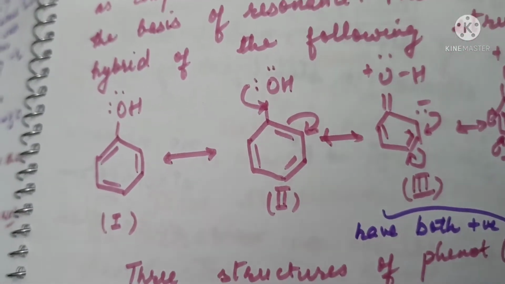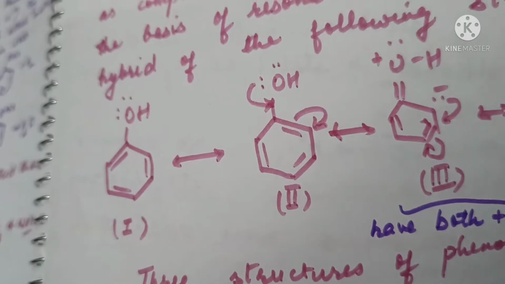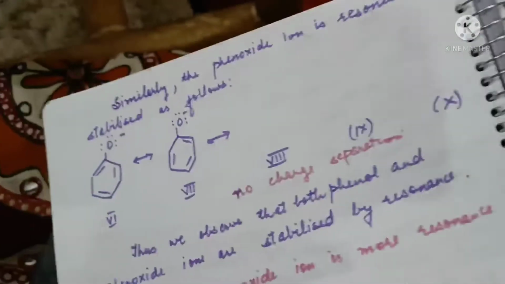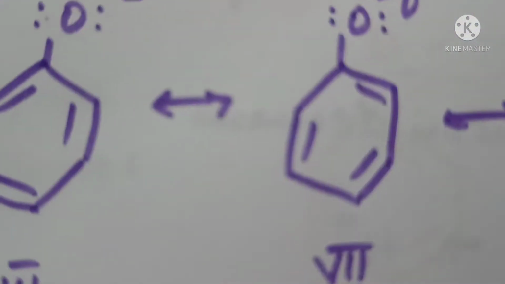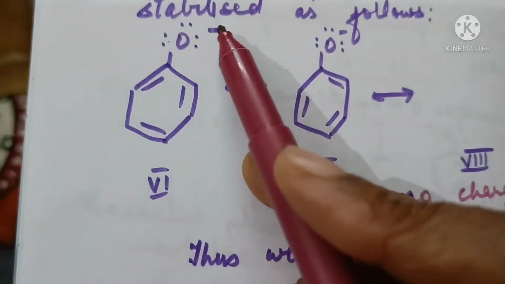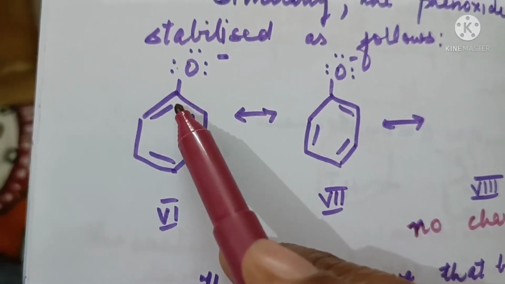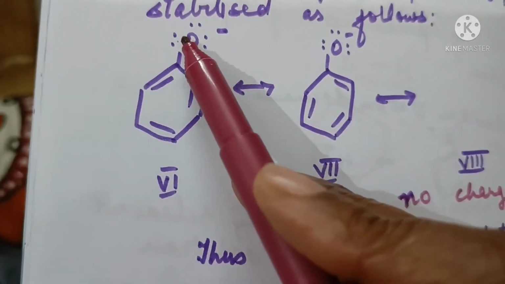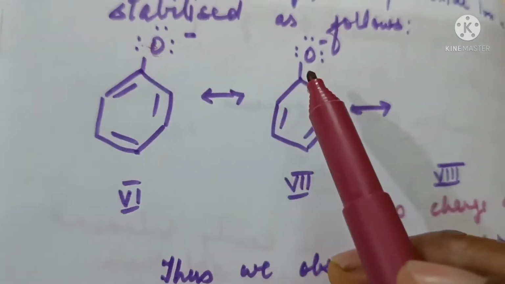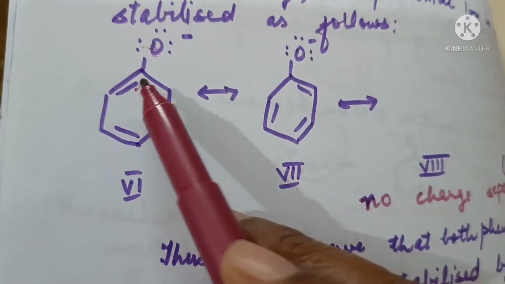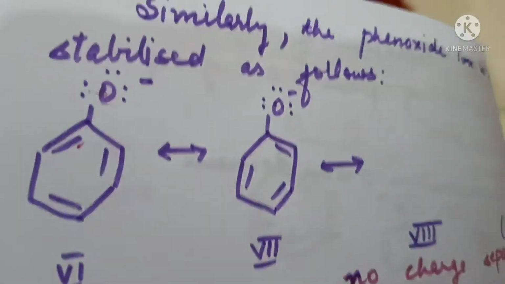Phenoxide ion is also resonance stabilized. One structure, when the proton is lost, is the phenyl ring with an oxygen atom with 6 electrons. The second structure will be where the double bonds are on alternate positions.